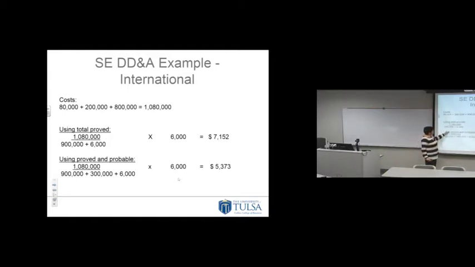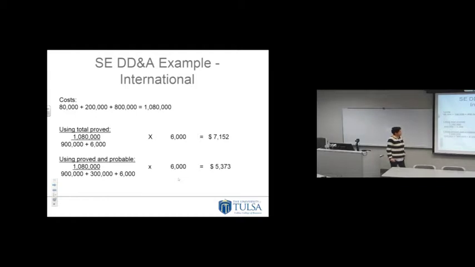If I use proved and probable, everything's the same. My cost is still $1,080,000, but I'm adding in my probable reserves of 300,000 in the denominator. Again, I put the cost in the numerator, and I put production out to the side. So the numerator and production can be flipped.